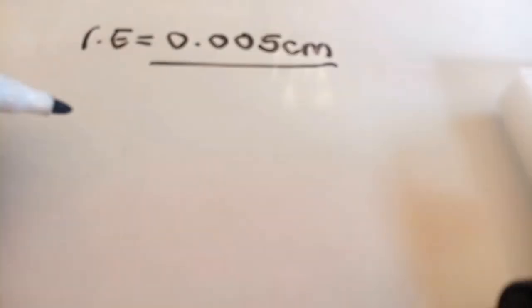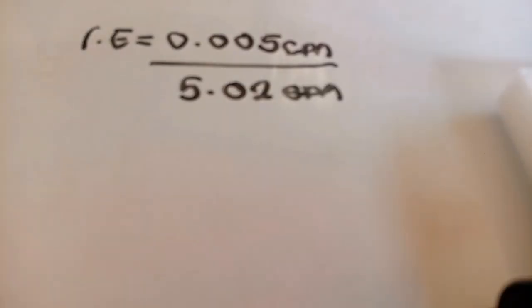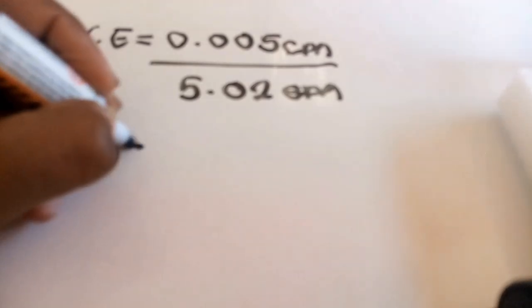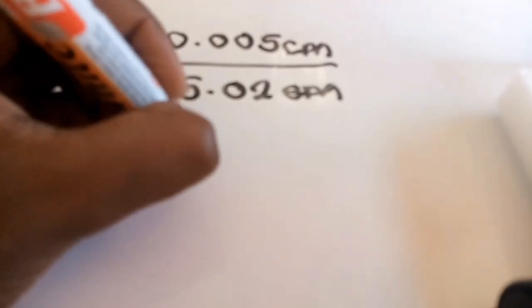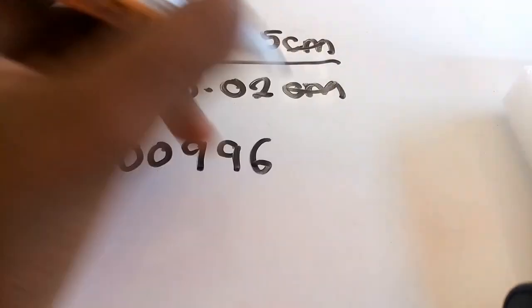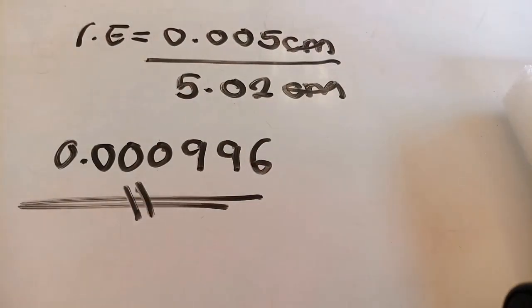Our absolute error was 0.005 centimeters over the true measurement, which was given to us as 5.02 centimeters. So the centimeters cancel, and then 0.005 divided by 5.02 will be 0.0000996. I've rounded this off. So that is our relative error.